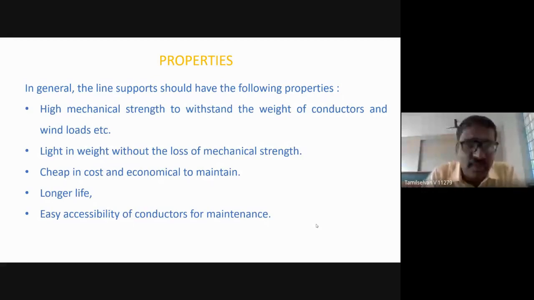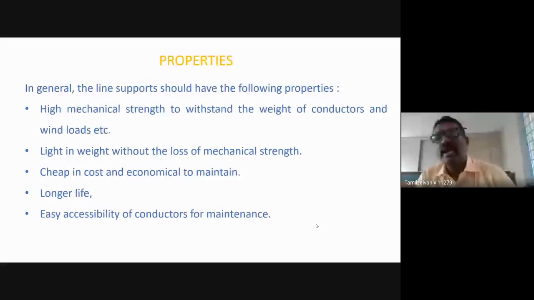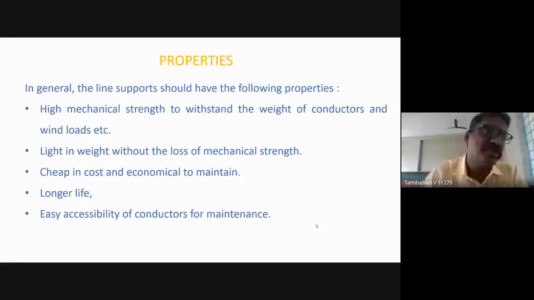Okay, and apart from that, we cannot invest a huge amount in erecting the towers or the line support. So it should be light in weight without loss of mechanical strength. Because in the introduction class of transmission and distribution, we saw about the economics of generation, the cost, in which we saw about the fixed cost.